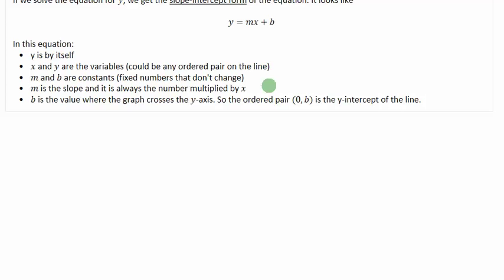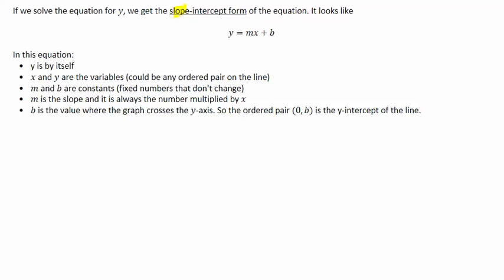So this name, slope-intercept form, is very telling. So the slope, well, that comes from m. M is the slope. It's always multiplied by x. Intercept, we have to know that this means y-intercept, comes from the b value. So (0, b) is the y-intercept. Slope-intercept form.